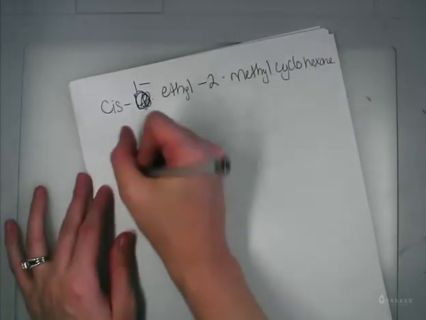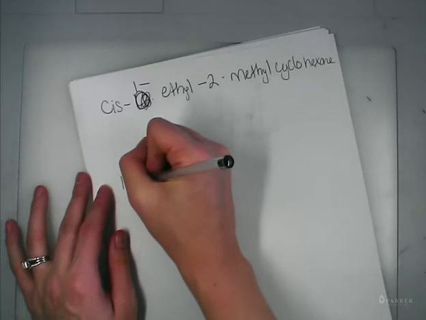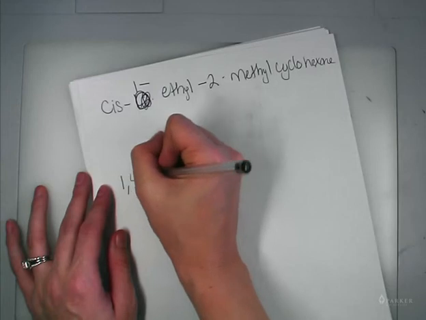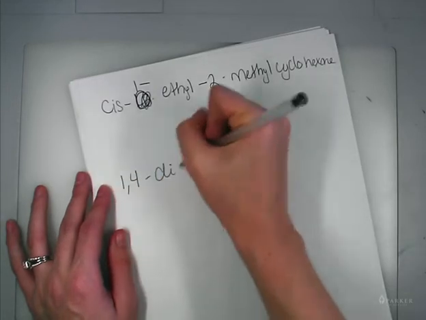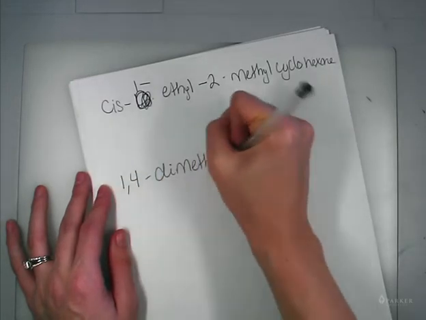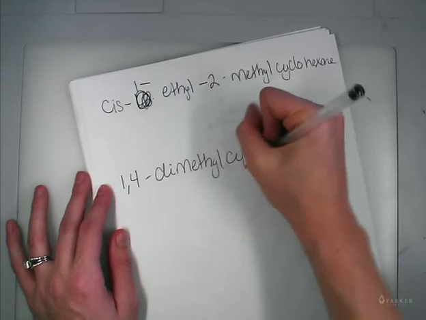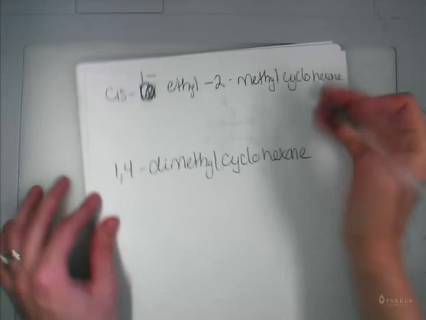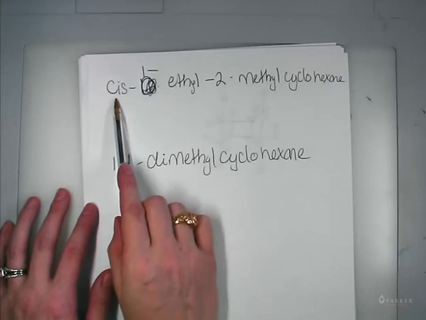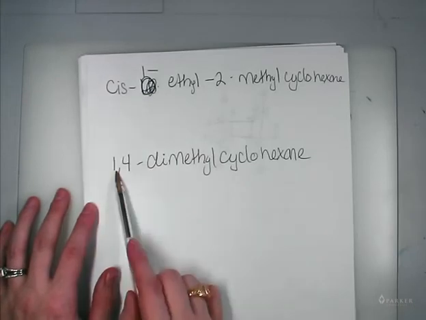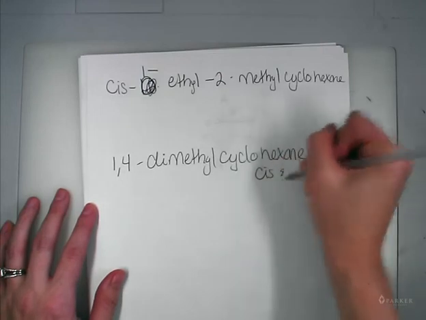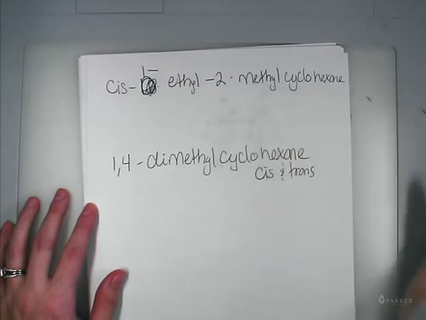And then let's do just a 1,4 dimethyl cyclohexane. So on the top one here, you're going to specifically look at the cis. On the bottom here, look at the cis and the trans.